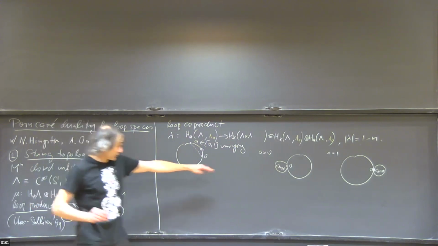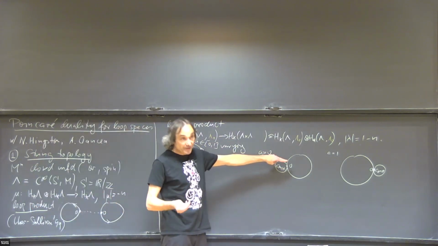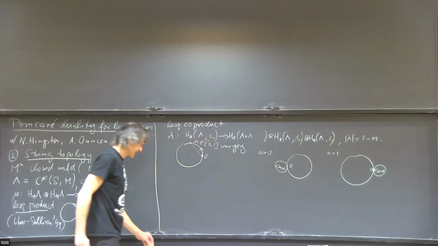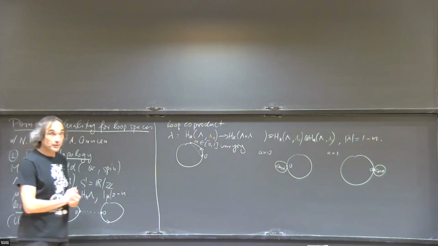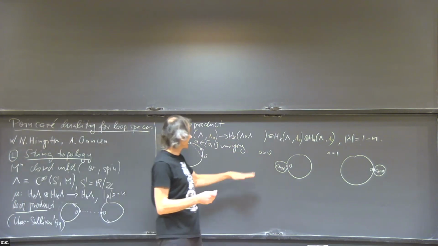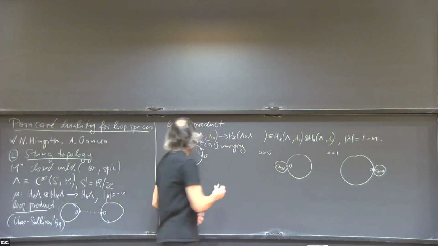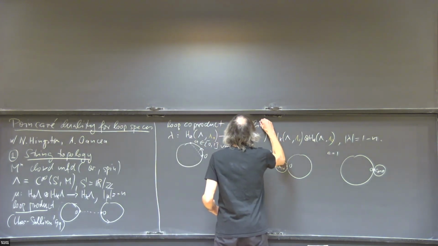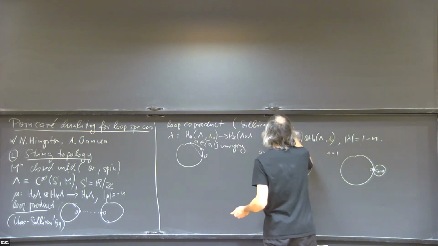Then those terms go away. It's still not transverse, so you need to do something, but still, basically, that's the way to get it well defined. So it will be well defined when you mod out constant loops, and that is how it was originally defined. It was originally defined by Sullivan, and then later again by Goresky and Hingston.